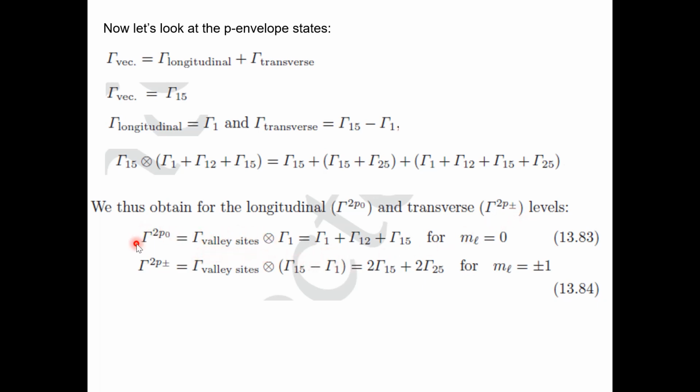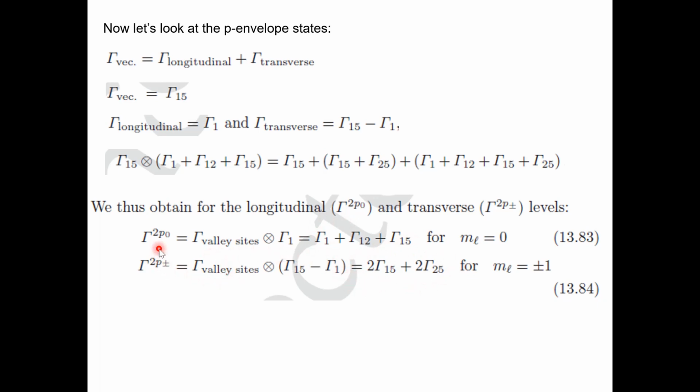The longitudinal is going to be given by gamma 1, right? Gamma 1 is longitudinal times the valley sites, which is the same splitting that we have seen for the S functions. And the 2p manifold, so again, if we considered only the envelope part, this should be a non-degenerate level. But since we have 6 valleys, then we have 6 states, right? And here we have 12 states.